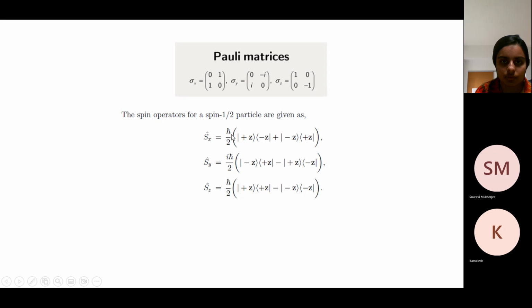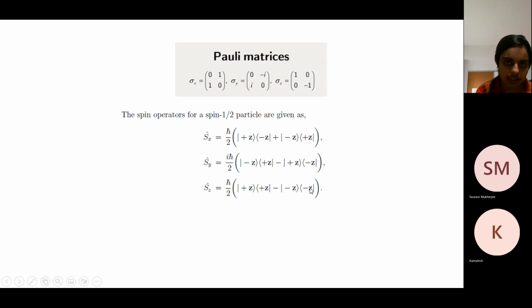Now if you look at Sz, that is h cut by 2 times the outer product of plus z and plus z, and then you have minus 1, so that gives you minus h cut by 2 times the outer product of minus z, right?